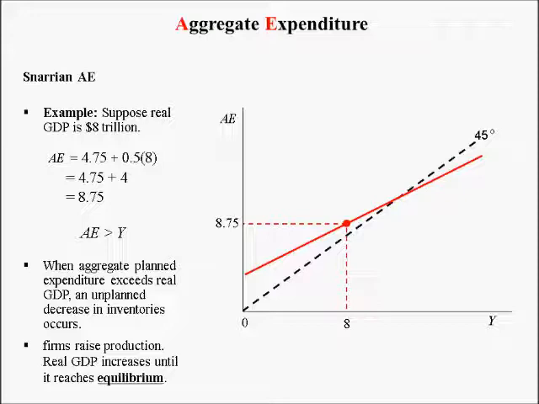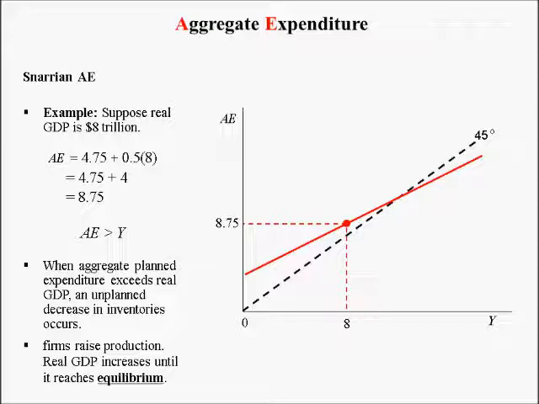Let's think about this. All of a sudden, traffic in your restaurant at IHOP is building. Now you're making more pancakes than you had expected. So what happens to your flour inventory? You're starting to consume 50 pounds an hour of flour instead of 25, so you're seeing your inventories drop.